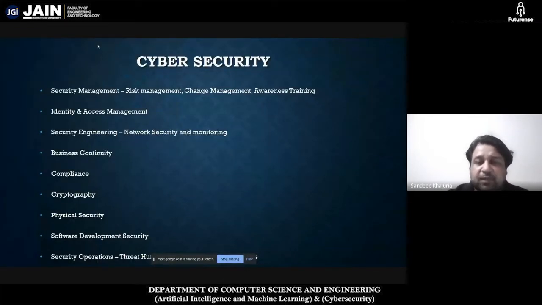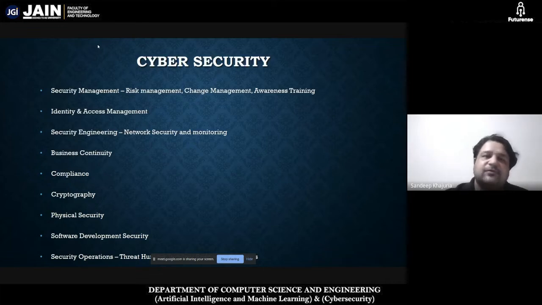So there are certifications, various tools, various models, various frameworks that you can learn, and you can get yourself into business continuity. It is one of the emerging cybersecurity domains as well, though all of them can be said to be emerging. But if you have your interest in it, that you want to work where you can bring the business up and running after a major disaster has happened, you can get into this one.